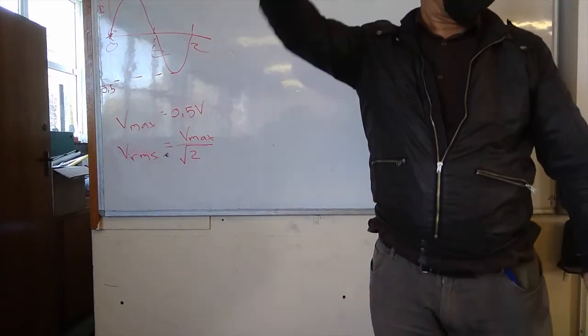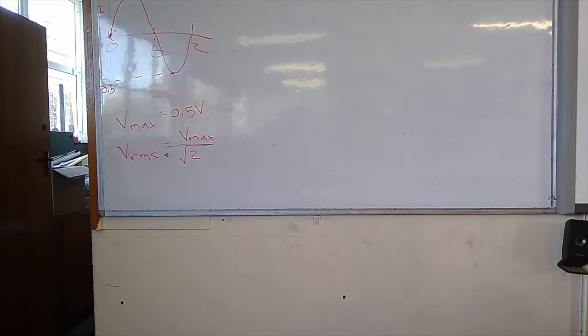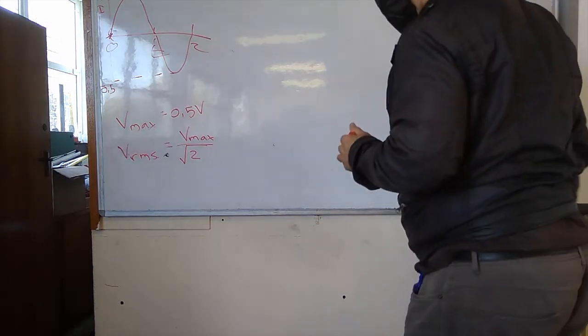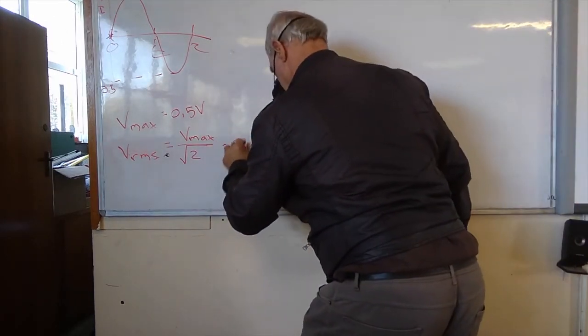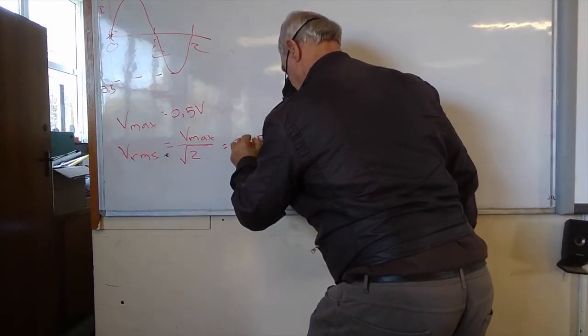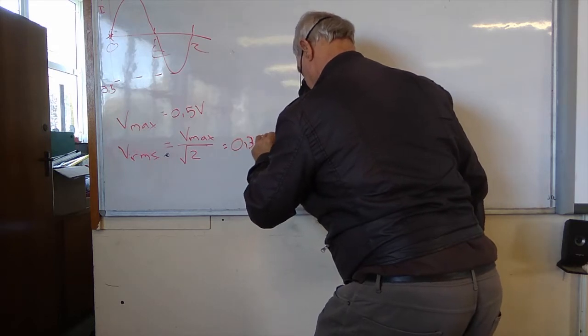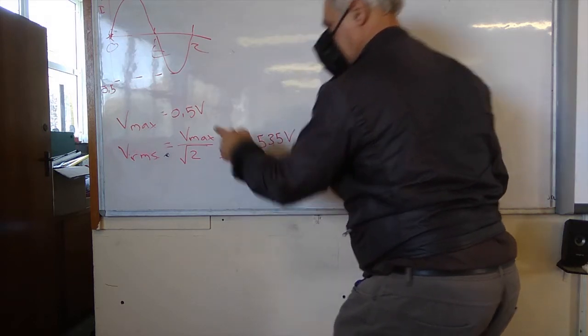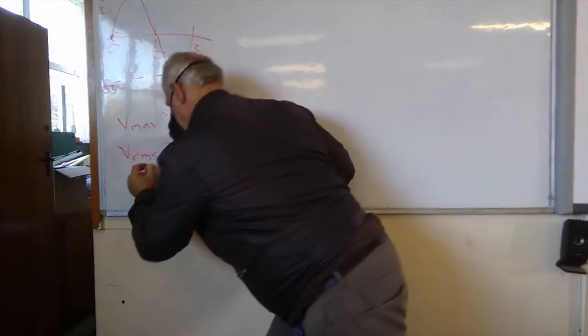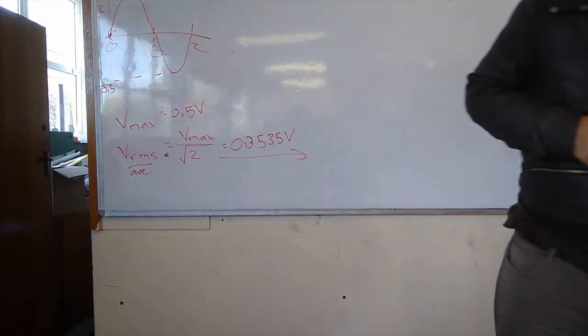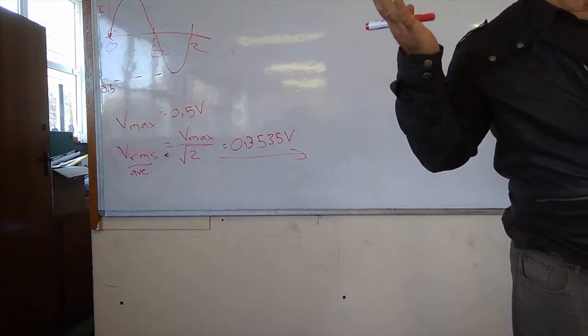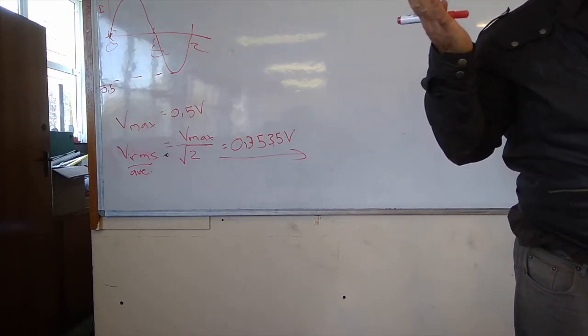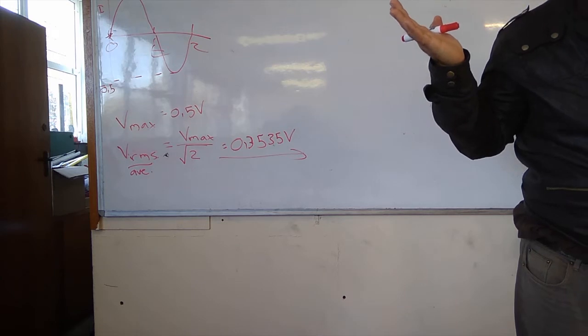Because it's varying between 0 and 0.5. It's 0.3535 volts. Is V root mean square similar to average? Have I lost anybody here? Not yet. Okay, good.